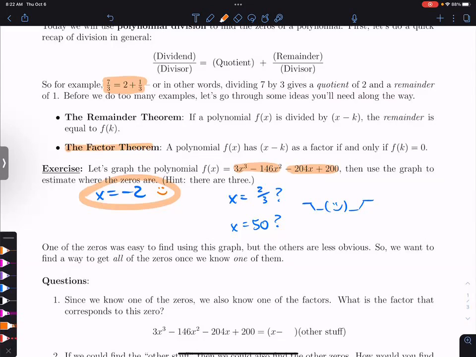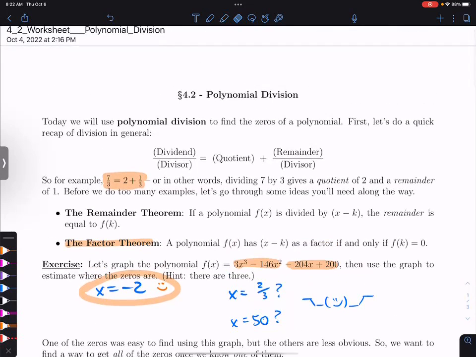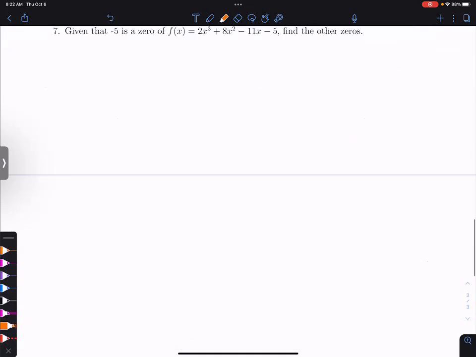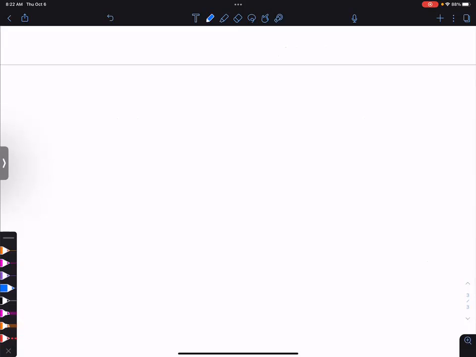So if I can figure out how to take that factor out of the thing, if I can figure out how to factor it without knowing how to factor it, then we're in good shape. That's where division comes in. Division is the way that you factor when you don't know how to factor. This is the brute force approach to factoring a thing. So let's take a look at how the mechanics of this work.